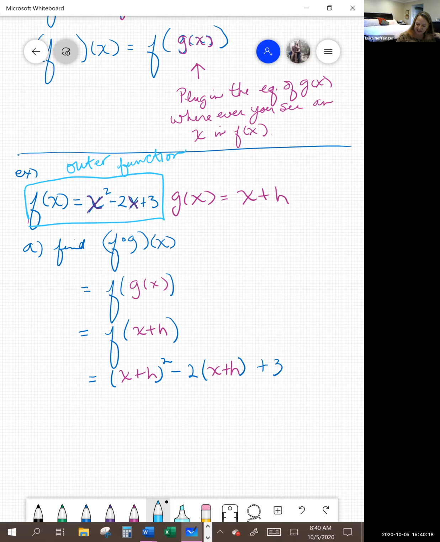And this g of x is our inner function. So because I did that, I'm not going to change it, and let's look at the opposite direction.